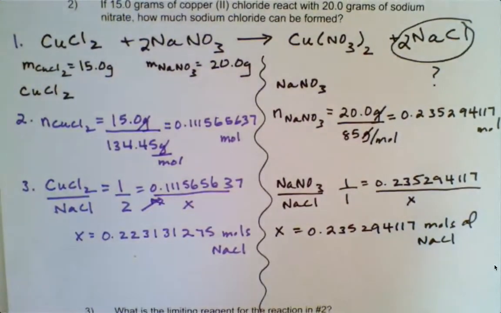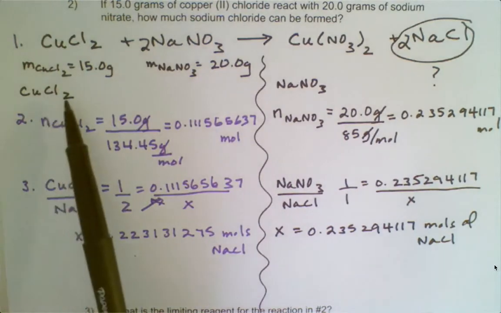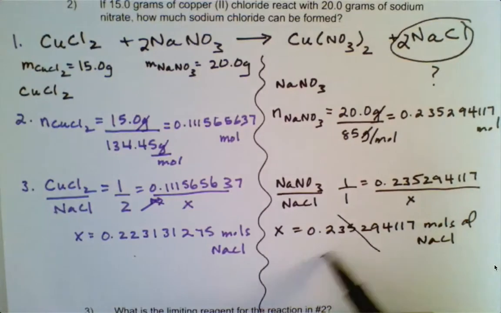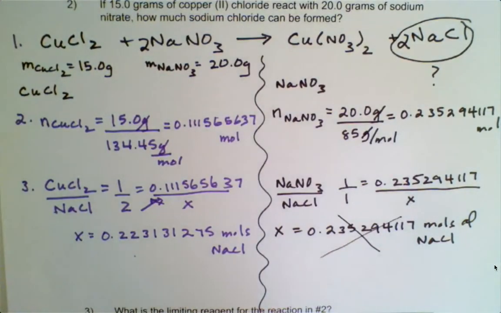Well, in this case, whatever one yields the smaller mole ratio value is the one that you must go with, because this means that copper 2 chloride is going to run out first, and this is the maximum amount of sodium chloride that you can make. So we do not pick this one, we must pick this one here.